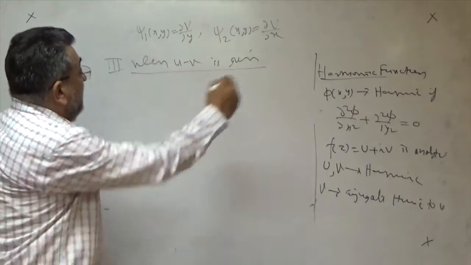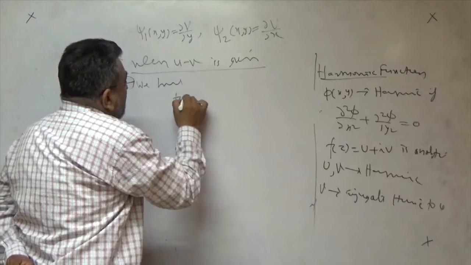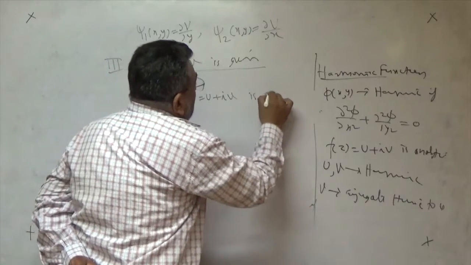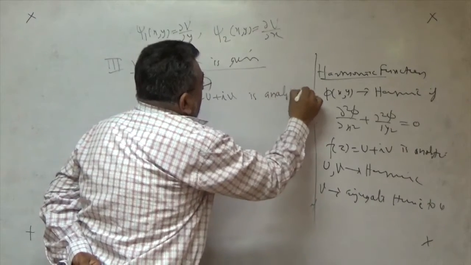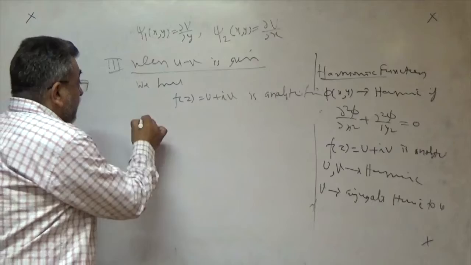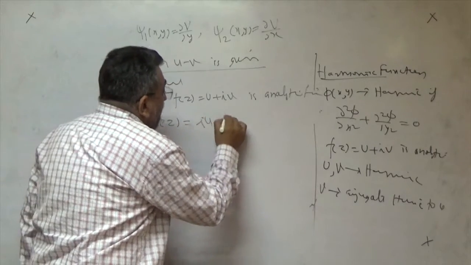If u and v are given, suppose we know that we have f(z) equal to u plus iv is an analytic function, which we have to find. So multiplying i on both sides, we get i f(z) equals iu minus v.